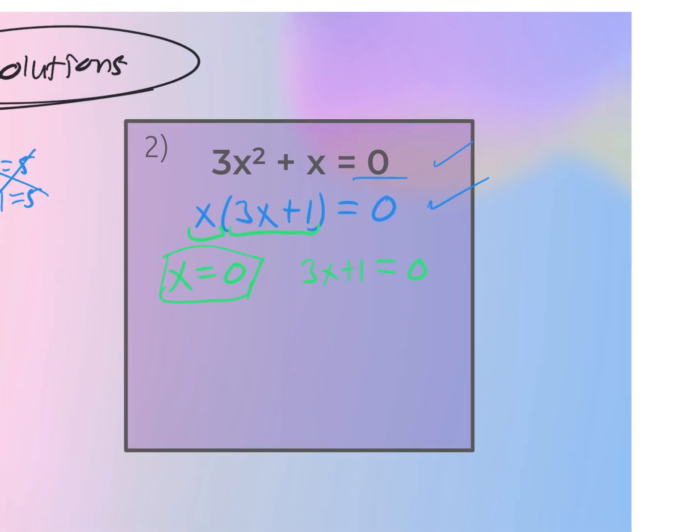And now let's do 3x plus 1 equals 0. We just want to solve this for x. Subtract 1 on both sides, then we get 3x equals negative 1. Divide by 3, we get x equals negative 1/3. So then we get x equals 0 and x equals negative 1/3.